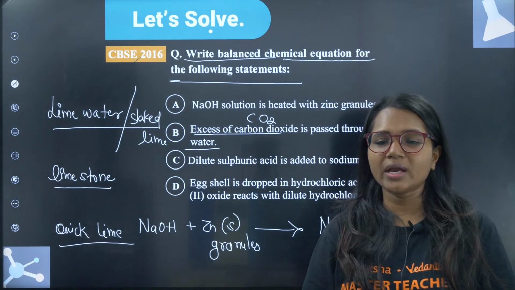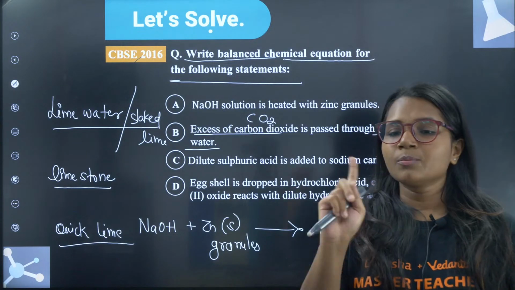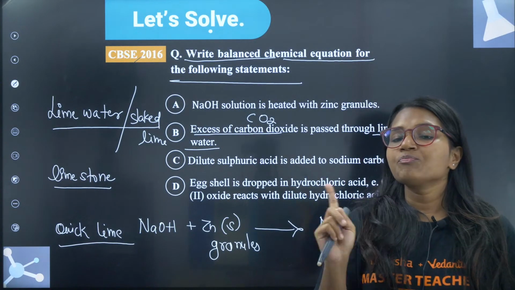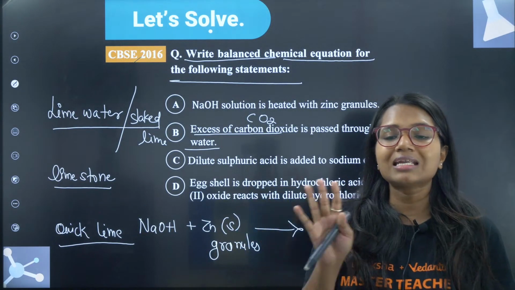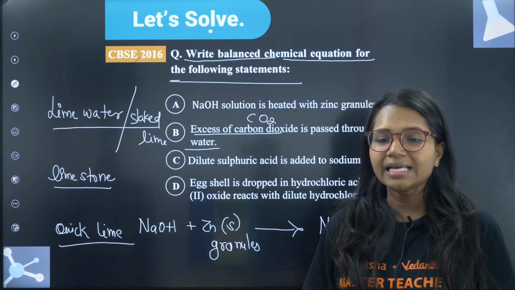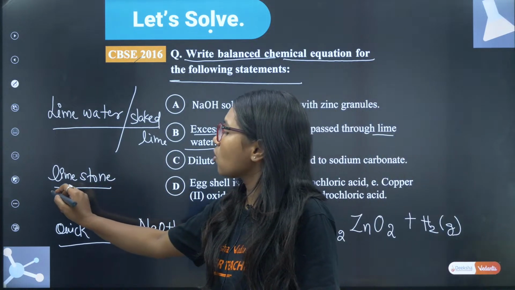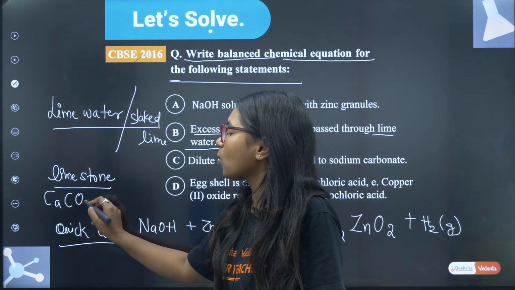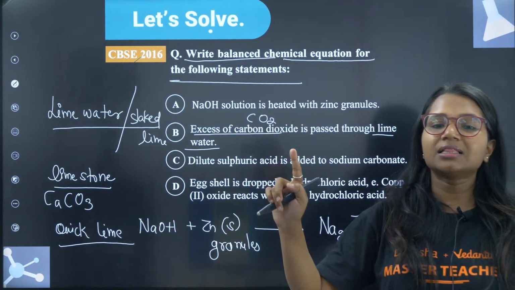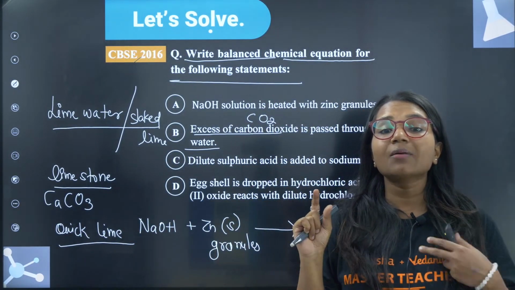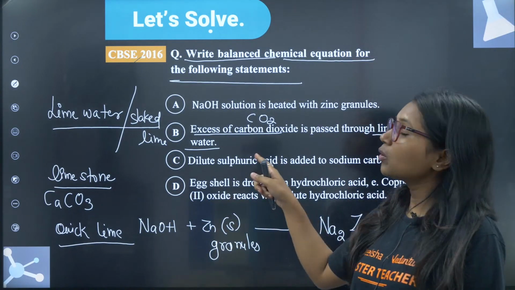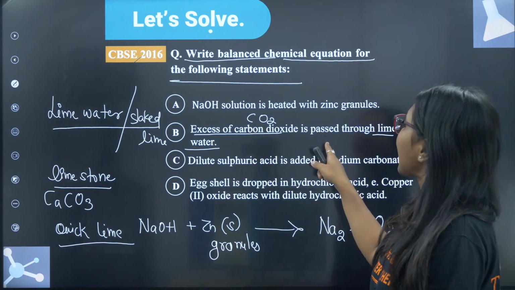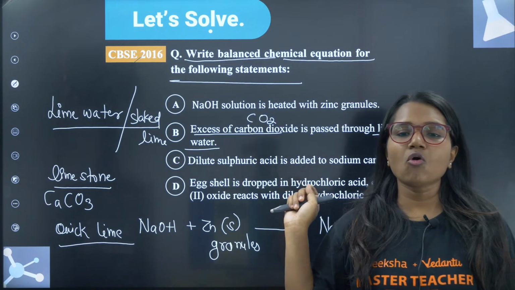Rohit, calcium carbonate is wrong here. Calcium carbonate is limestone, it is not lime water. Limestone, calcium carbonate, that white stone, the Taj Mahal thing. But they are asking you to put excess carbon dioxide in lime water.